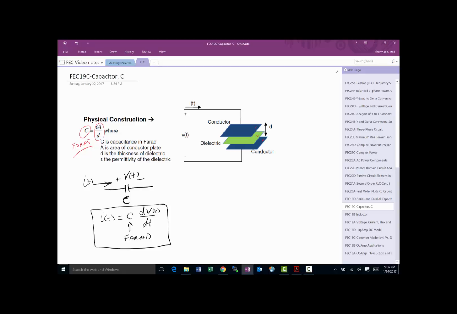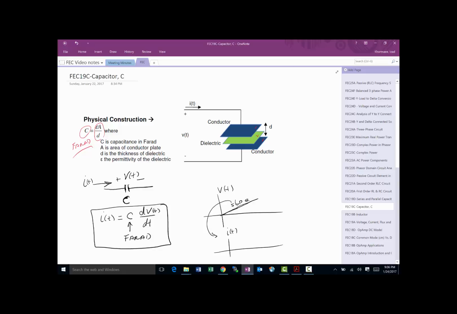So if this is the case, you notice that if we draw, let's say, a voltage v(t), and if the voltage is changing, the slope of the voltage times C really drives the level that the current will have.